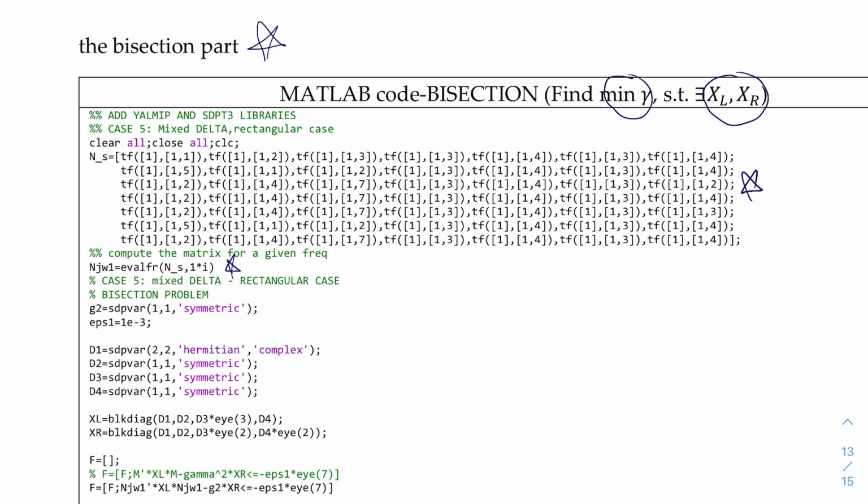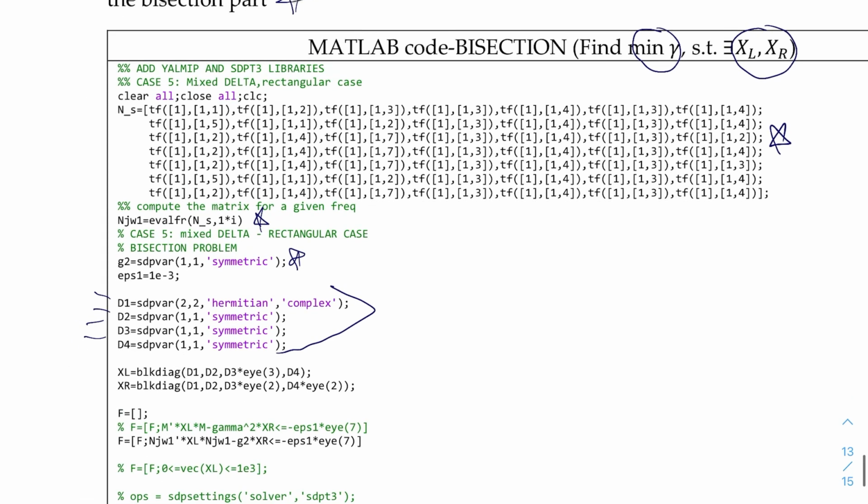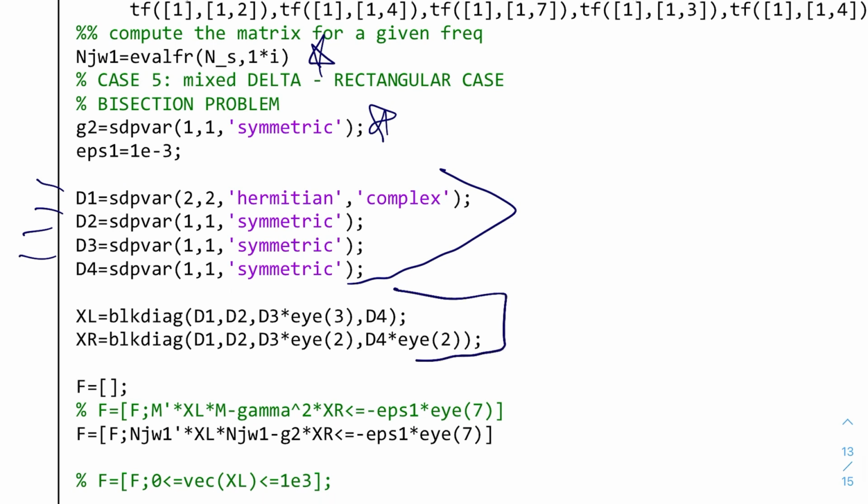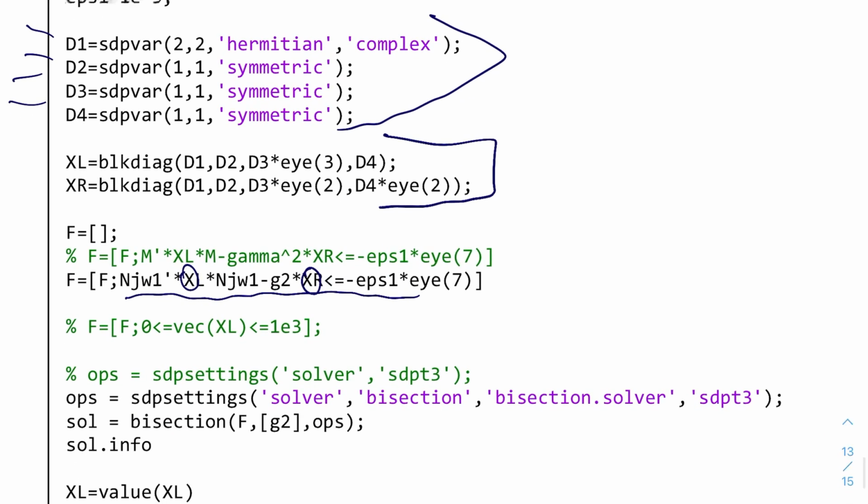Again, this is our transfer function matrix, and for a given frequency, give me the complex matrix, with the same exact arguments, and again D1, D2, D3, D4. Let's get closer. These are XL and XR, the exact same formula.